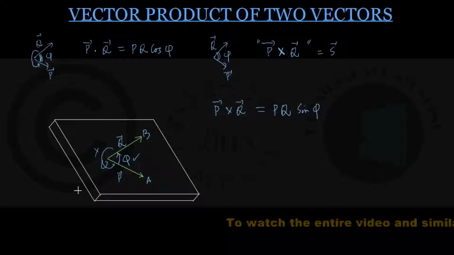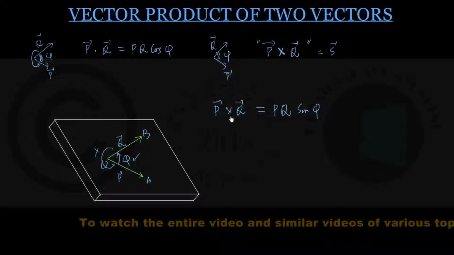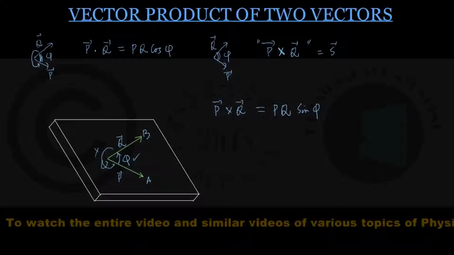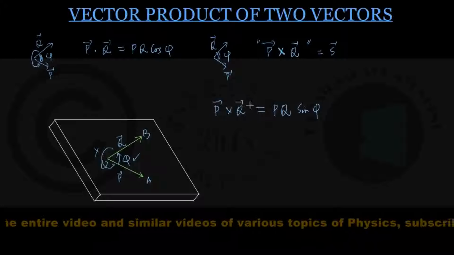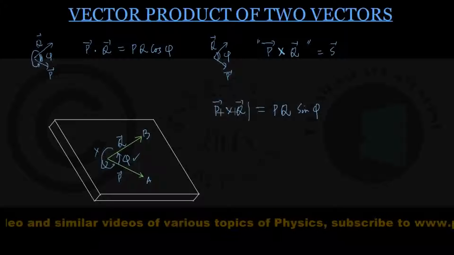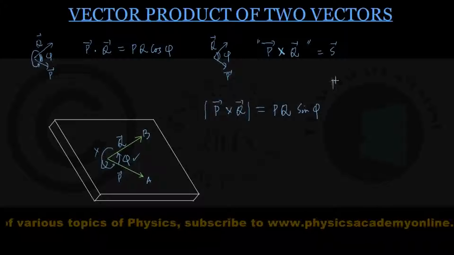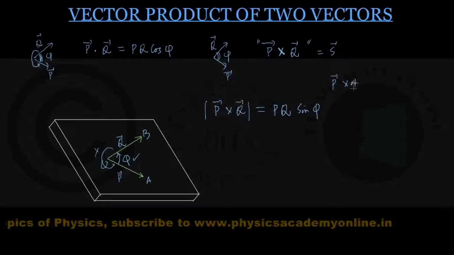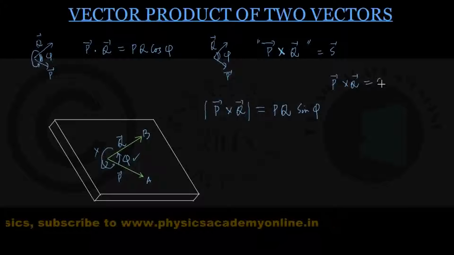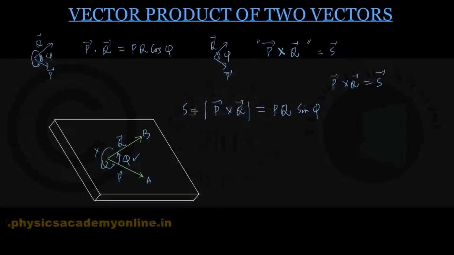You go for the smaller angle between the two vectors and write accordingly that P cross Q, this is the magnitude part. Let me be careful. I must say this is the modulus value of P cross Q, the magnitude of this vector. That is, if I said that P cross Q is indeed given by a vector S, this is actually standing for the magnitude S, right?